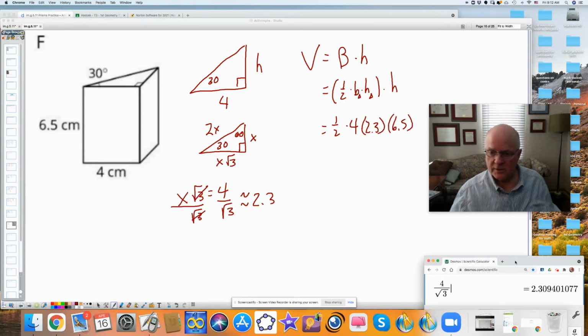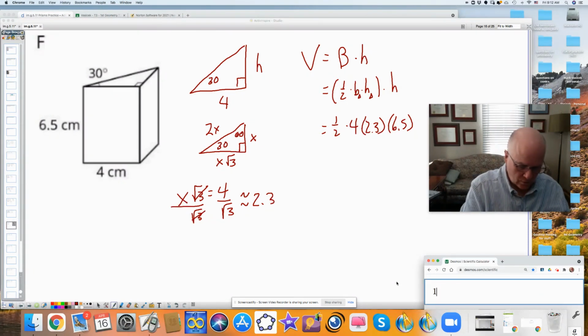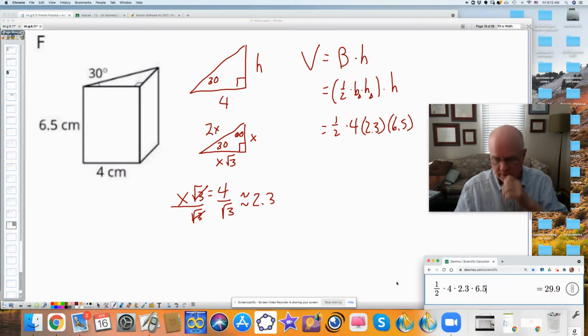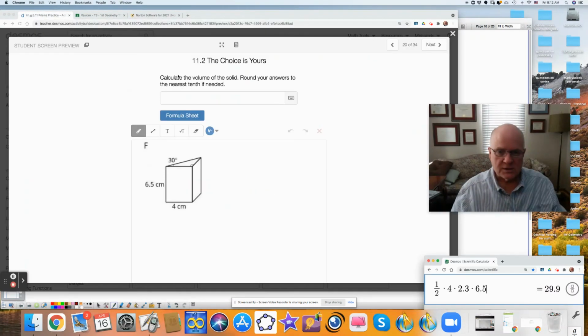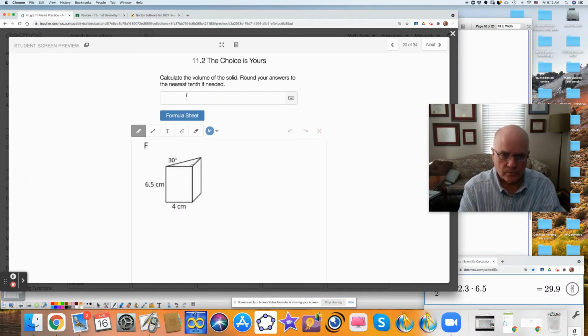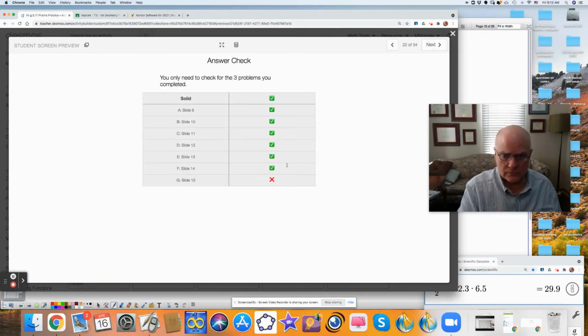And I'll plug that into the calculator. 1/2 times 4 times 2.3 times 6.5. And this is 29.9. When I put this into the Desmos, 29.9, and I check my answer on page 22, it's correct.